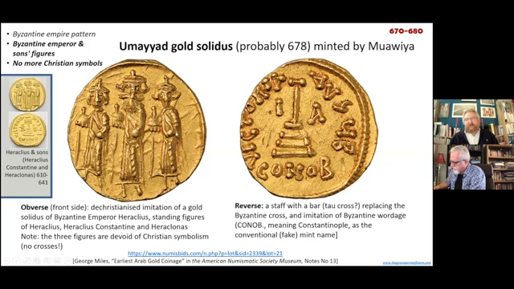This is a statement of mockery because the de-Christianization that we can see on this coin is about taking off the crosses from the emperor and from his sons, and also on the reverse, instead of having a fully fledged Byzantine cross, like it should be, we have a bizarre thing.